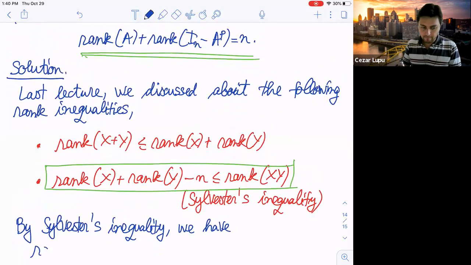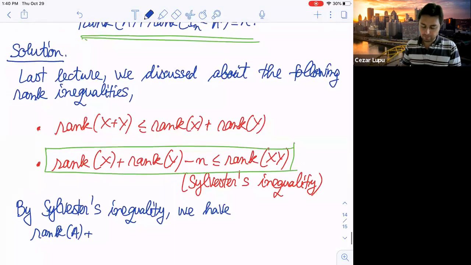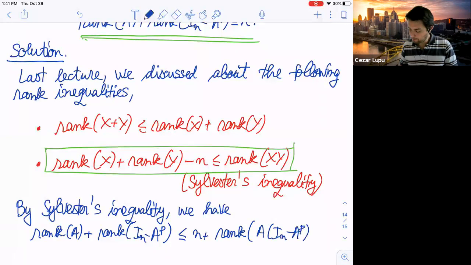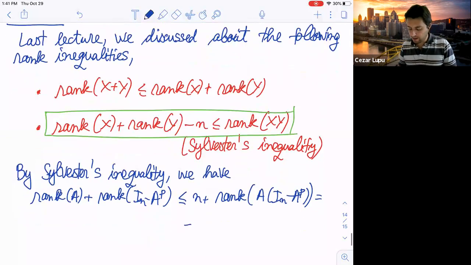So rank of A plus rank of the identity minus A to the power P is less or equal than N plus rank of the product, rank of A times the identity minus A to the power P. So this would give us N plus rank of A minus A to the power P plus 1.